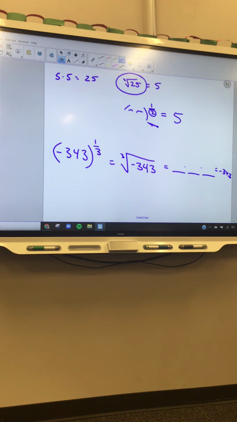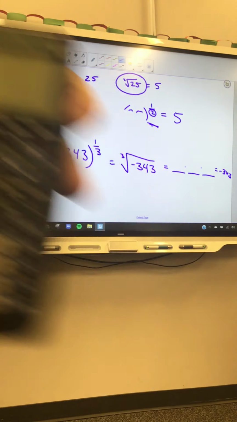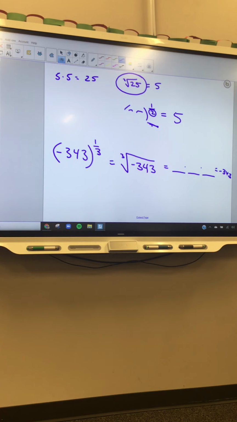So go ahead and put in parentheses, -343, parentheses. You could raise it to the 1/3 power. So it would look something kind of like this. Actually, I think you need to put that 1/3 in parentheses as well. -343 raised to the 1/3 power. Yep, -7.